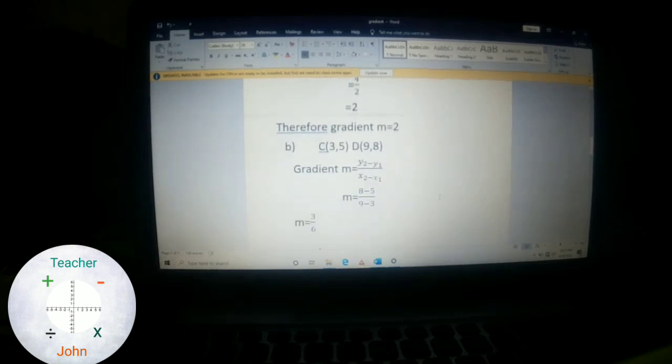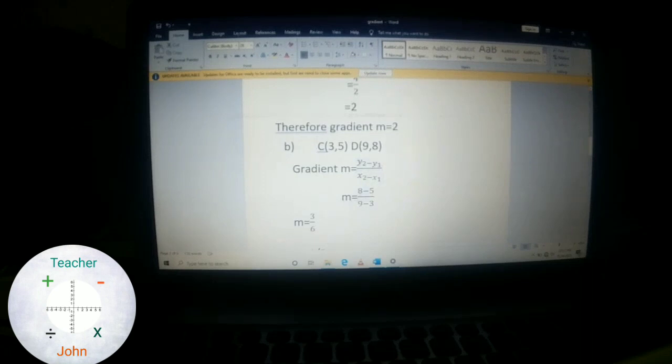And on part B, this is what we have. We have points C and D. Point C has 3, 5 and D has 9, 8. So the gradient m is y2 minus y1 over x2 minus x1.